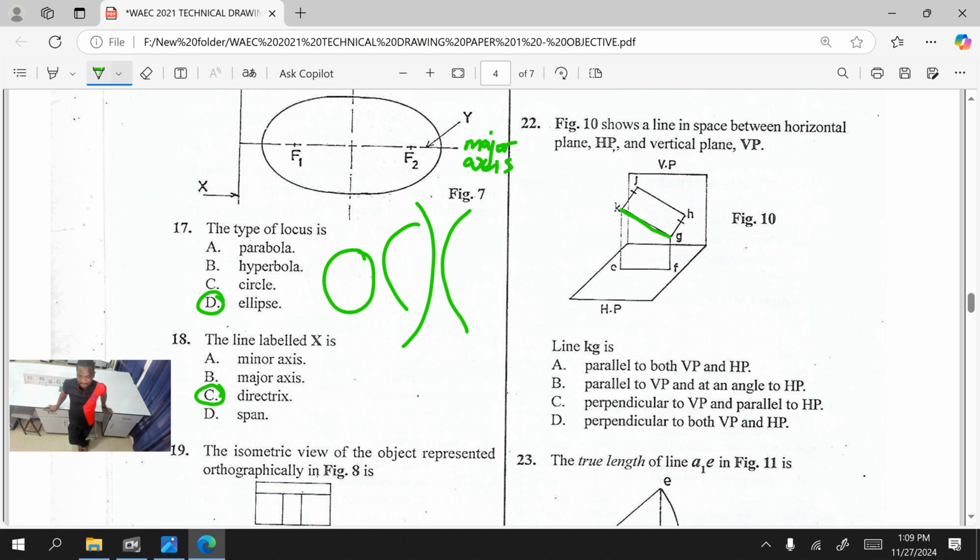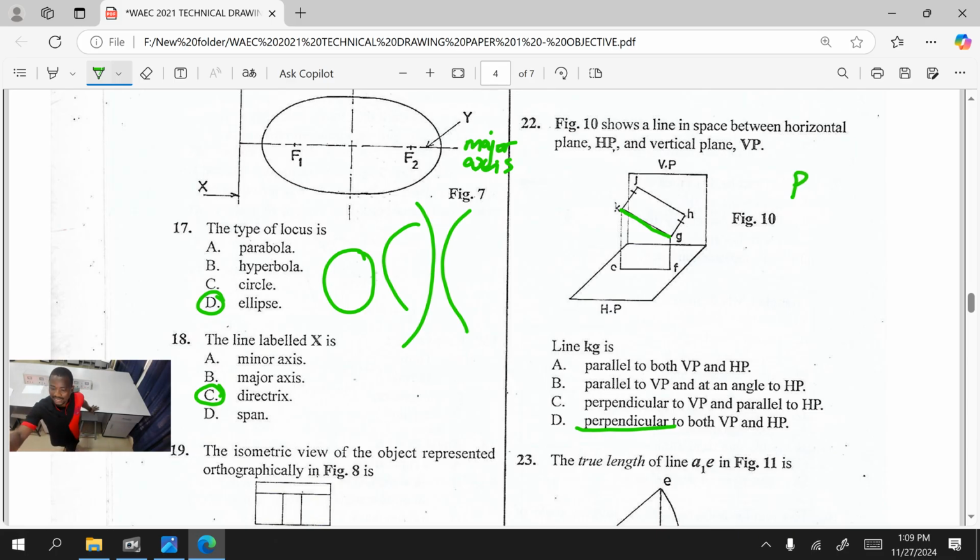If you look at it, B says parallel to HP and at an angle to HP. Yes. C, perpendicular to VP and parallel to HP. No. D, perpendicular to both VP and HP. No. So automatically, the word perpendicular, when it is used, makes it wrong for this question. What does perpendicular mean?